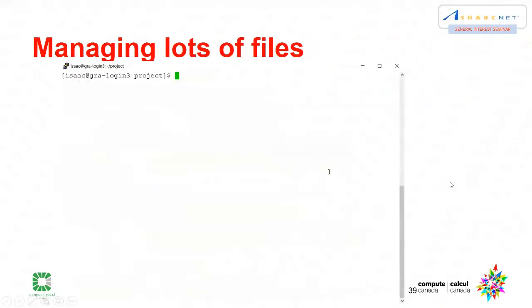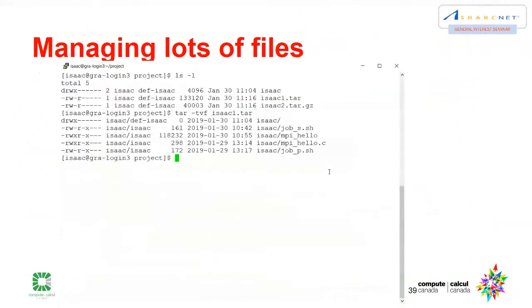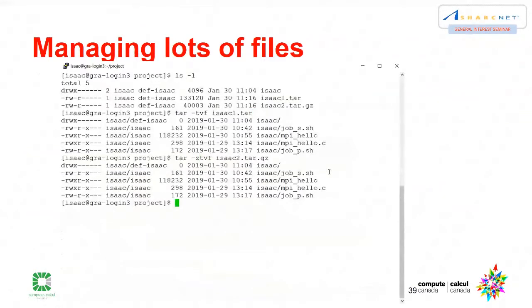And sometimes you want to see the list of files inside the tar file without extracting it. Using the T option, you can see the file list of the tar file, and it's possible to see the file list of a compressed tar file as well.